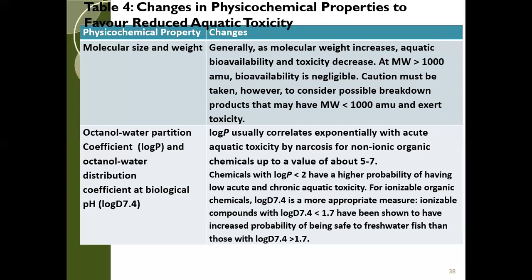Now look at the change. Generally, as molecular weight increases, aquatic bioavailability and toxicity decrease. So the heavier the chemical is, the less it may be available or cause harm to the environment.